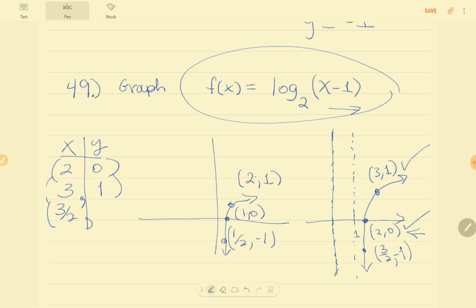3/2. Plug that in, log base 2 of 3 over 2 minus 2 over 2, okay, because you can always rewrite 1 as something over itself. So to get that common denominator, I have 2 over 2, and when I subtract the numerators, I get, not negative, I don't know why I said negative, I didn't mean that. You get 1/2. Okay, so what do I have to raise 2 to in order to get 1/2?